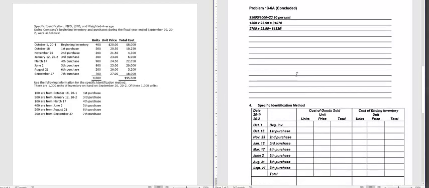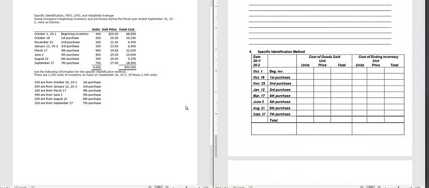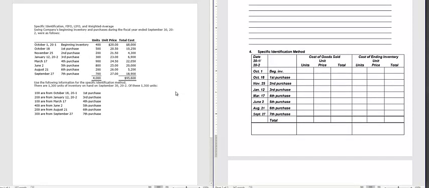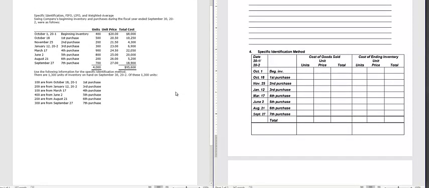Okay. All right, specific identification is really not an assumption. It is how the goods actually flow. Okay, under specific identification, they've already specifically provided the information for us as to which ones we still have and which ones we sold.